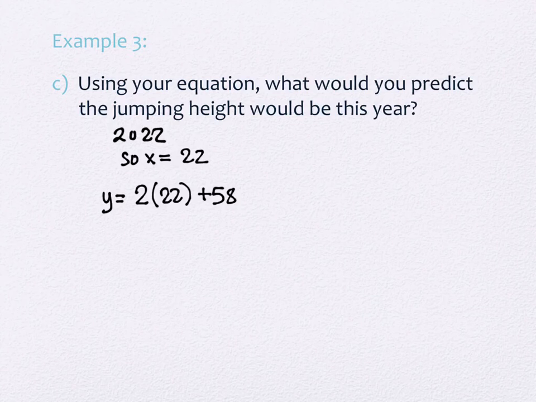So this is still going to be a very large value. What do you get for the value if you put in 22? 102. 102 what? Centimeters. Yeah, 102 centimeters. That's a lot bigger than the values we got before. That may or may not be realistic.